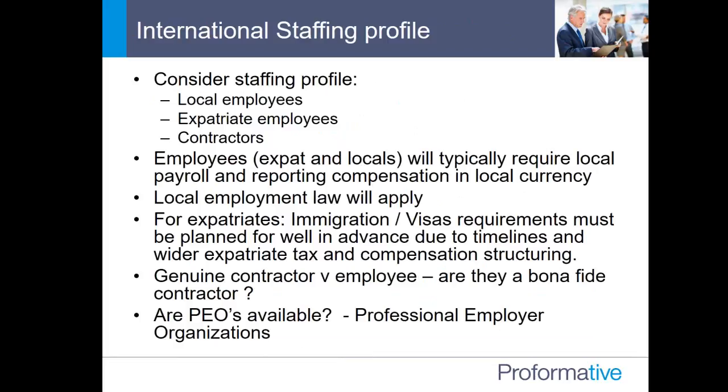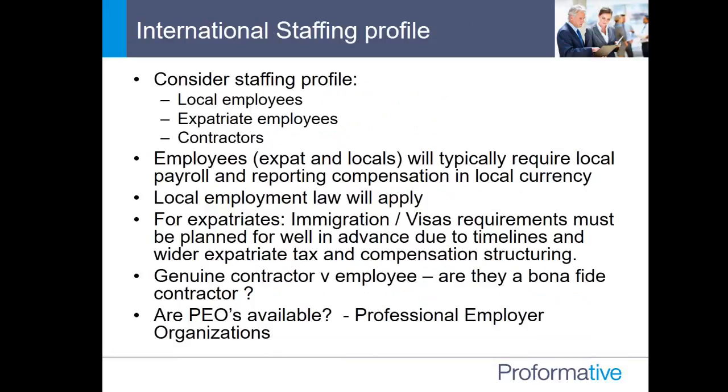So as we begin to think about hiring up and starting that international entity, there are basically 3 choices that you have. You can hire local employees, typically local nationals, but they may not be. You might want to send across expatriate employees from the home country head office, or you might decide to hire independent contractors.